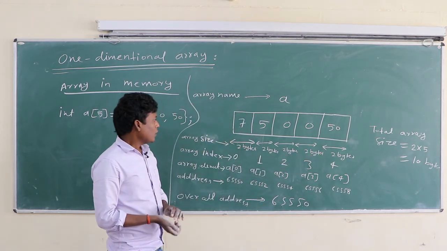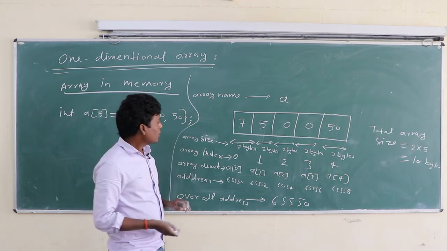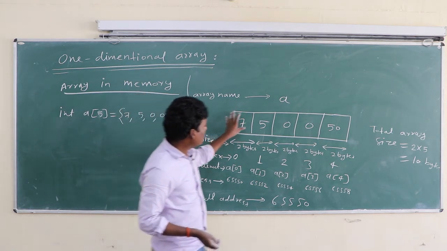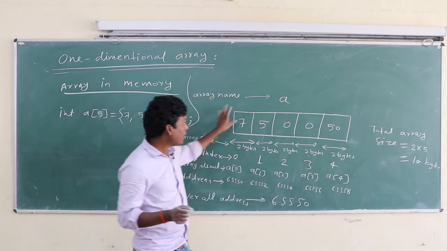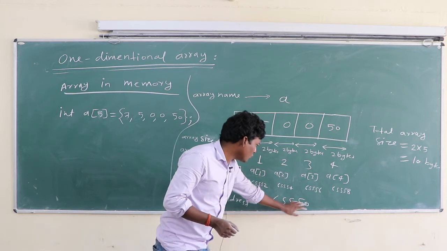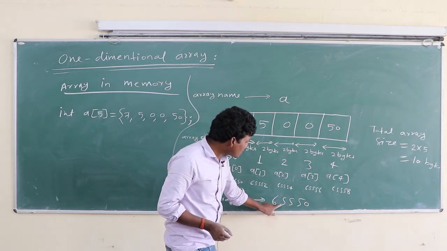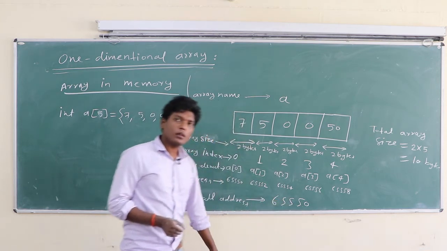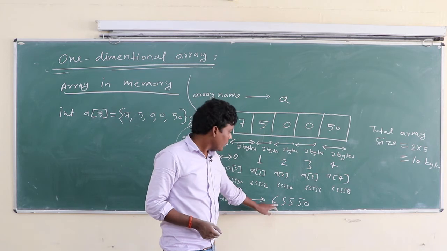And class, when an array reserves the memory space, that memory location has an address, an overall address. Here we assume the overall address is 6550, a 5-digit whole number, an unsigned number.